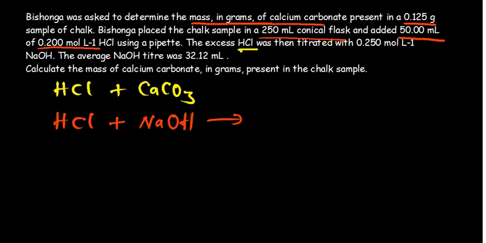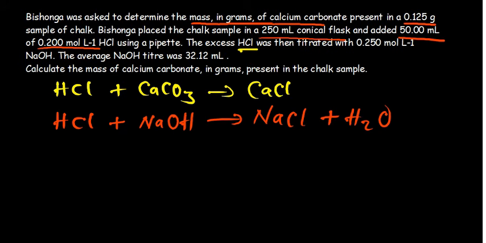We have HCl reacting with sodium hydroxide to give us sodium chloride plus water. What about the reaction between HCl and calcium carbonate? What products are we expecting there? We're going to have calcium chloride plus water plus carbon dioxide. Okay, so that is our reaction there.